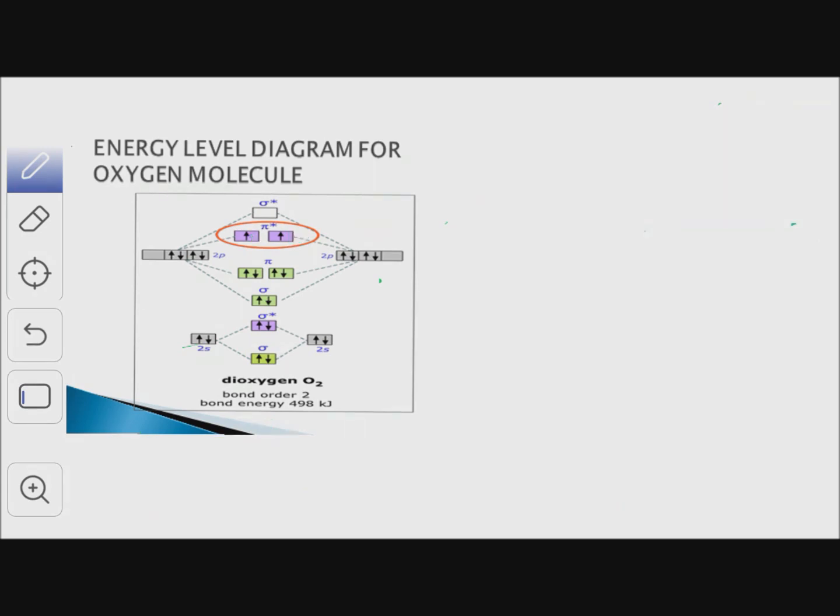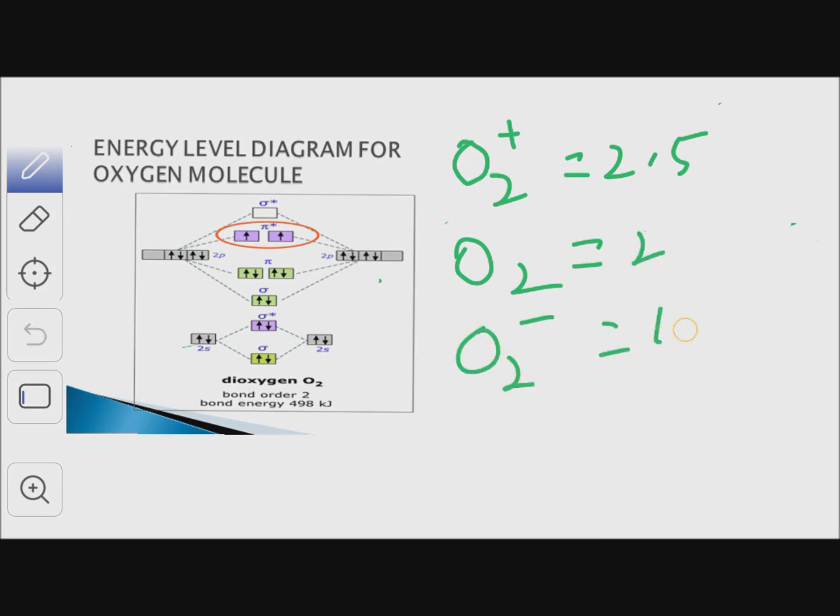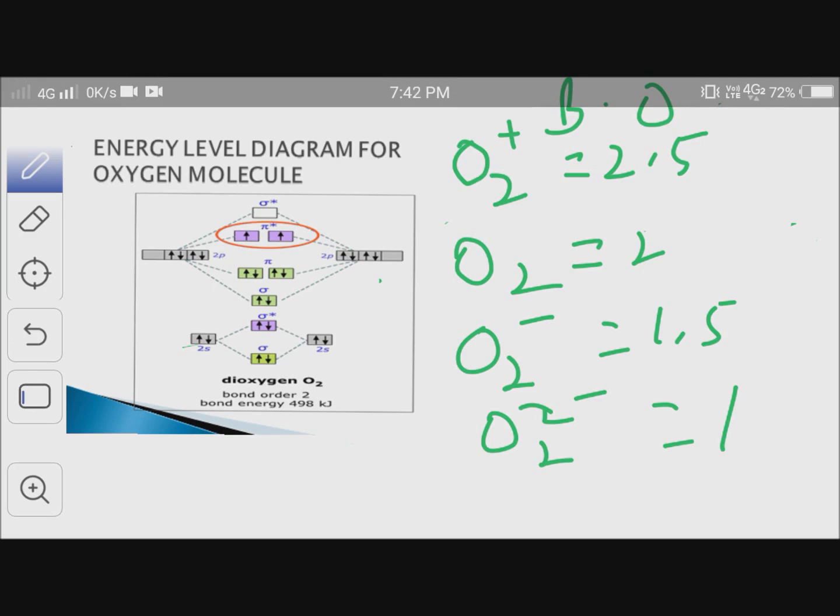The bond orders of oxygen and the oxygen ions are: O2 positive, 2.5; O2, 2; O2 negative, 1.5; and O2 2 negative, 1. This is the bond order of oxygen and its ions.